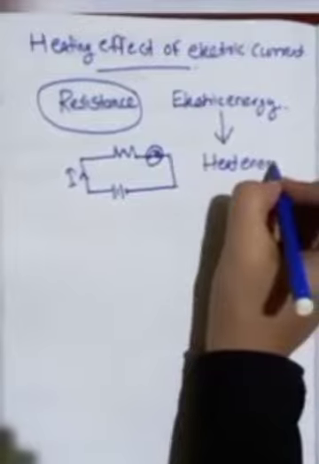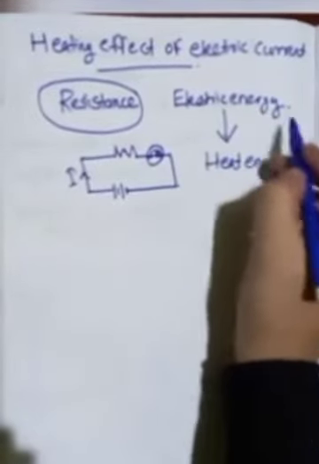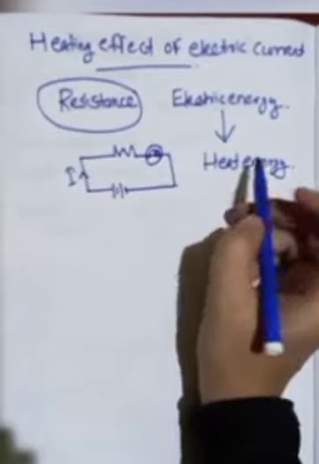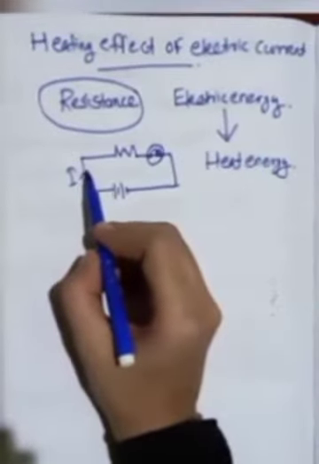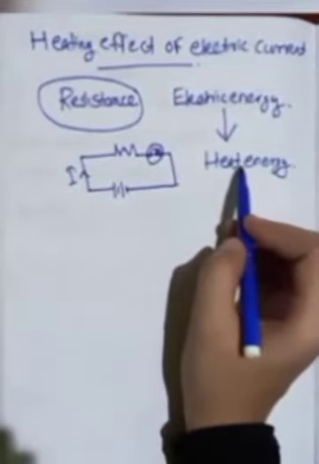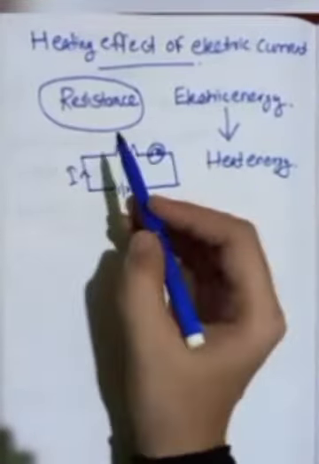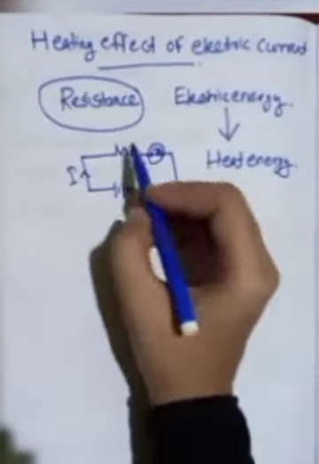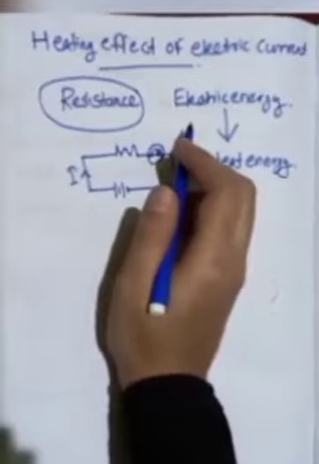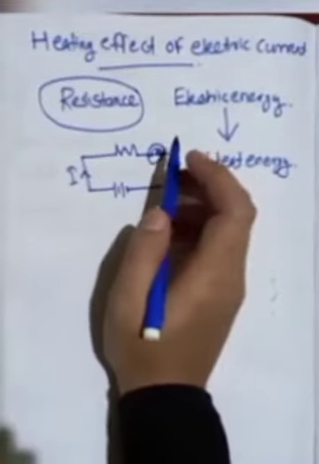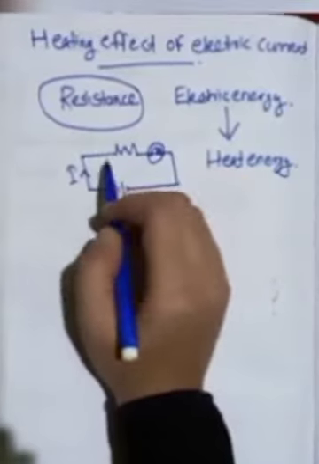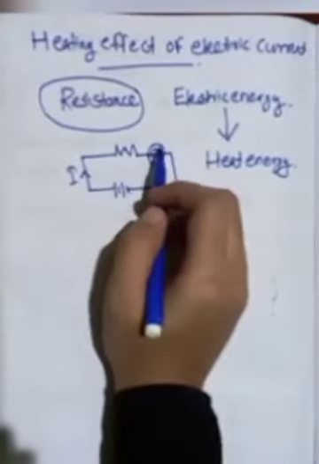Some of the current here is converted into heat energy. This electrical energy is consumed in an electric circuit as heat, that is, it is dissipated from this electrical circuit.